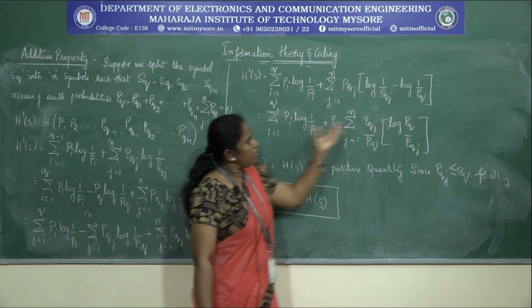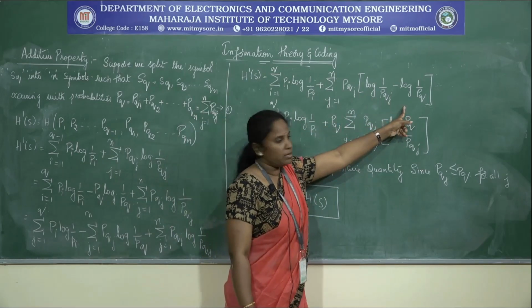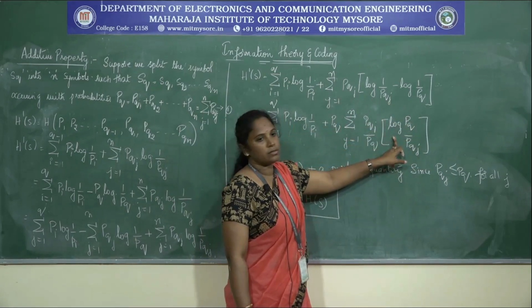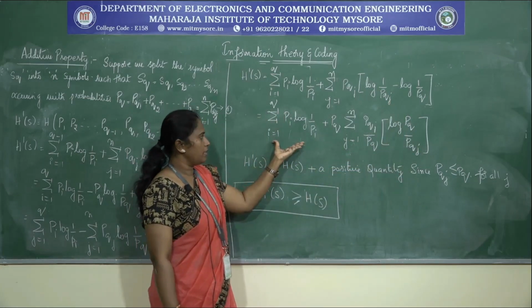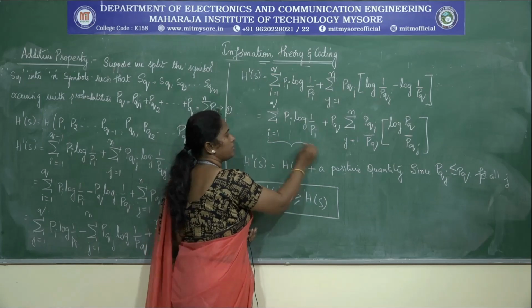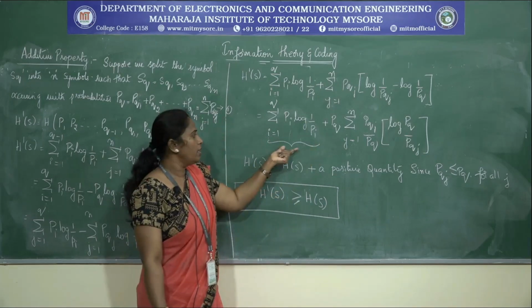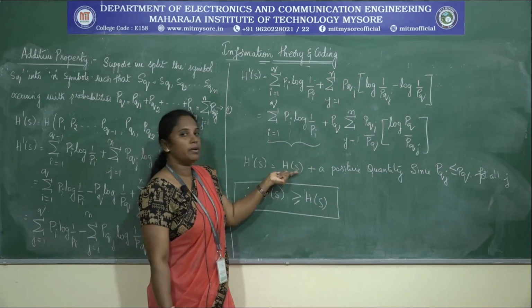Where this is in the form of log a minus log b, so that's why it is written as log a by b. So this is nothing but your average self information, that is nothing but the entropy.